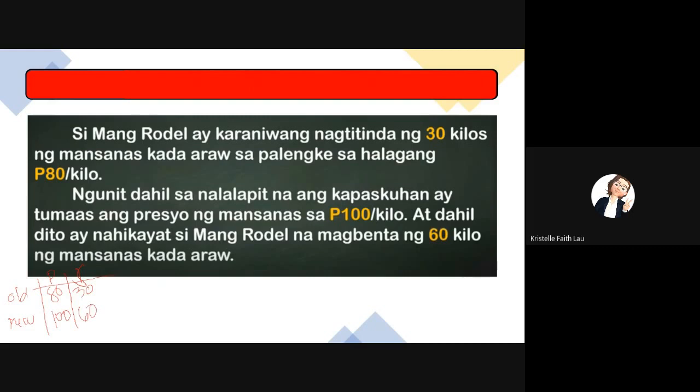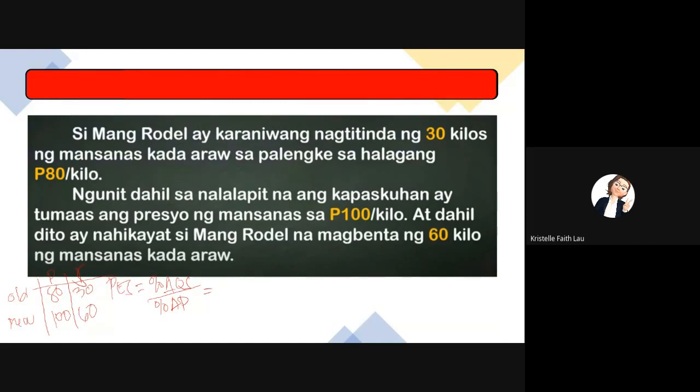So now, alam na natin kung ano yung price and the supply natin, the P1, P2, and the S1 and S2. So gagamitin na natin ang ating formula. So again, the formula for the PES is percentage change in our quantity supply and the percentage change in our price.